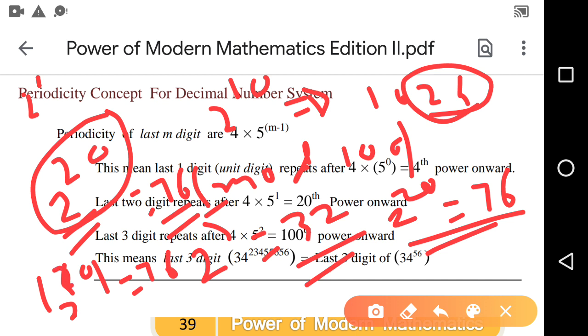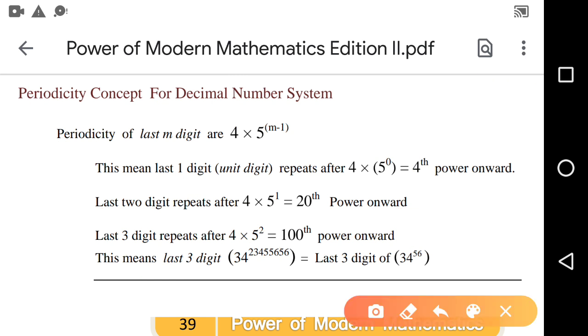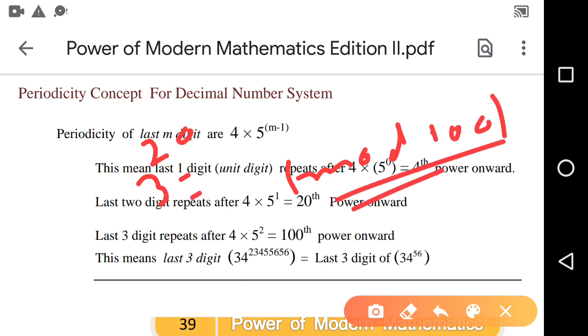So 2 raised to 20n also always ends with 76, friends. And similarly 3 raised to 20 mod 100 ends with 01.